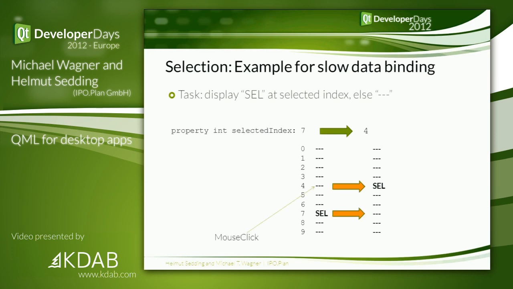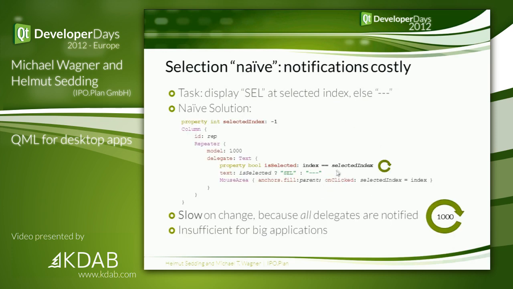The first solution one could do is, on the mouse click, change the central selected index, and in each text element we have a check: is my index equal to the selected index? And if yes, we draw a different text here.